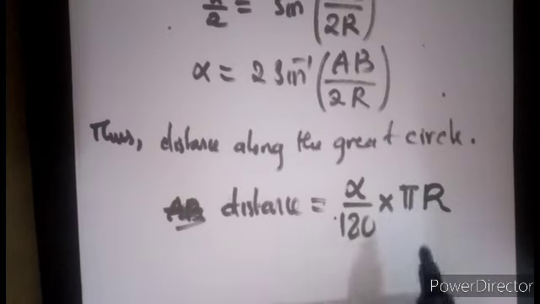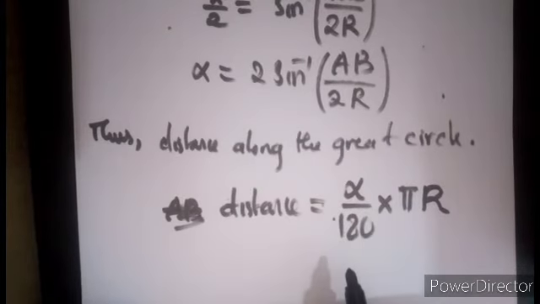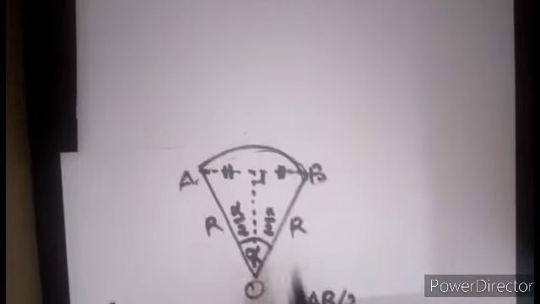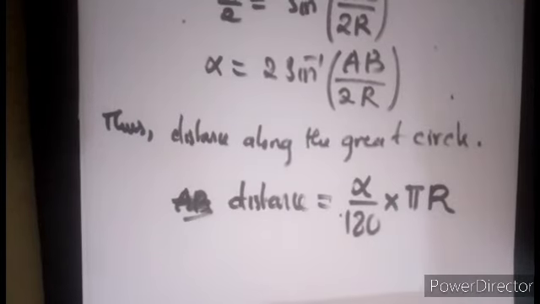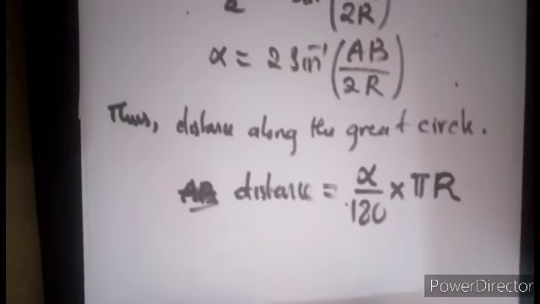That's obviously the formula for the length of the arc AB. Now the question is, what is alpha?